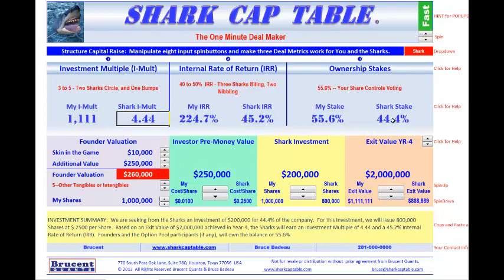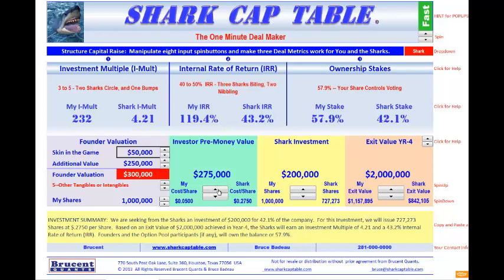I hate seeing 44% of the company given away for a measly $200,000. So maybe one of the things you could do is actually put some more money into the company. That would definitely cause your founder valuation to go up, and maybe they would close the gap a little bit more, because cash actually speaks louder than all the other things.